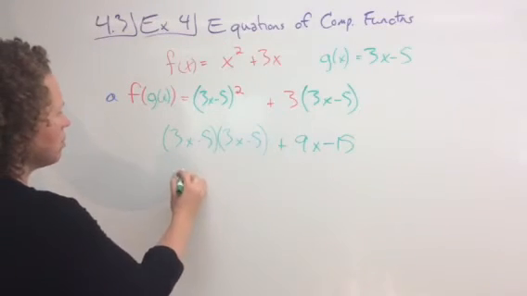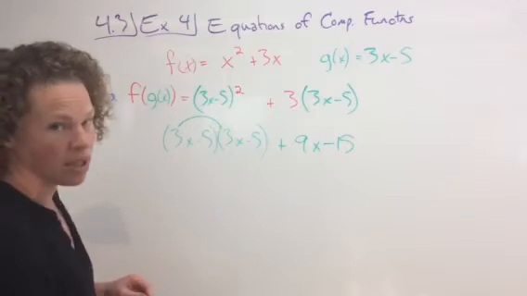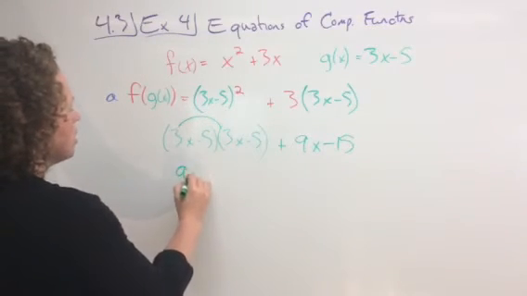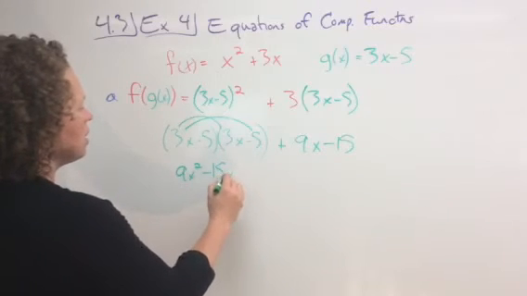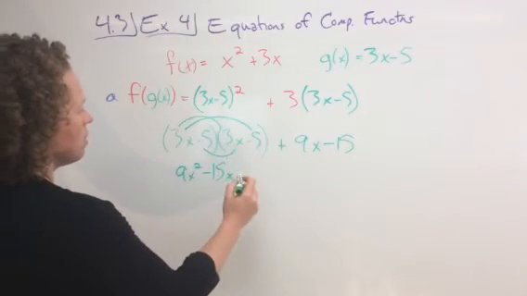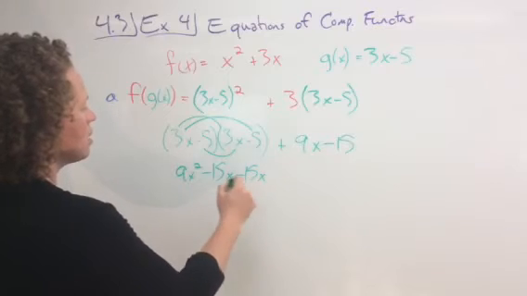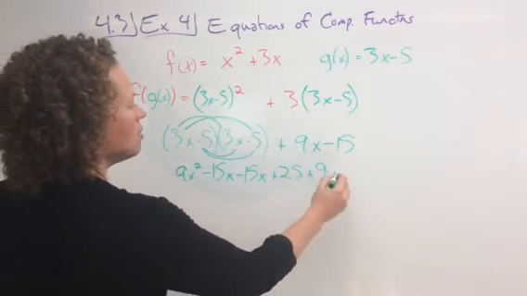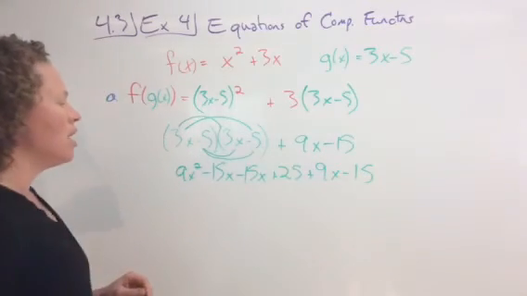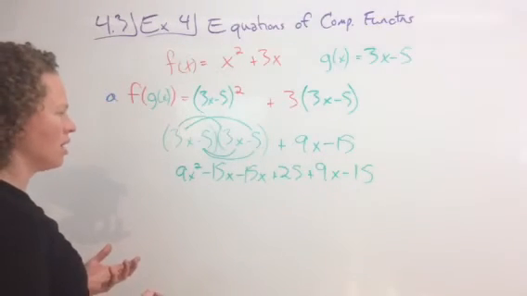So now I can simplify this one. I FOIL it: 3x times 3x is 9x squared, outside 3x times negative 5 is negative 15x, negative 5 times 3x is another negative 15x, and then negative 5 times negative 5 is plus 25. Then I've still got these guys here, and now I just collect my like terms.